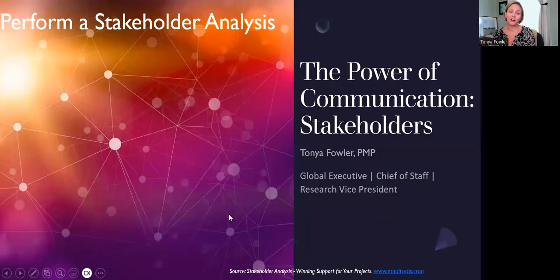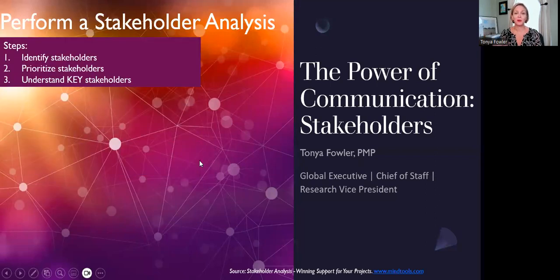All right. So first off, when it comes to identifying stakeholders, it's helpful if you perform a stakeholder analysis. What that can do is allow you to, like I said, identify stakeholders. This can be in a work environment or even in a personal life environment. Knowing who all is involved in the situation is the first step.